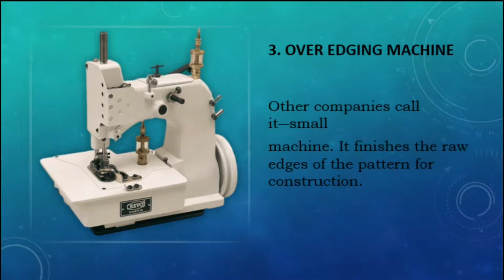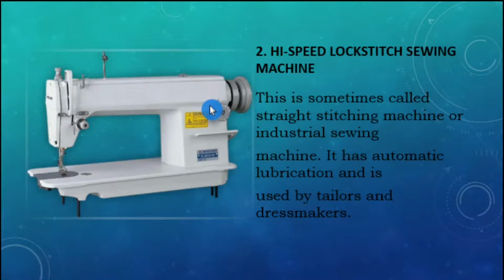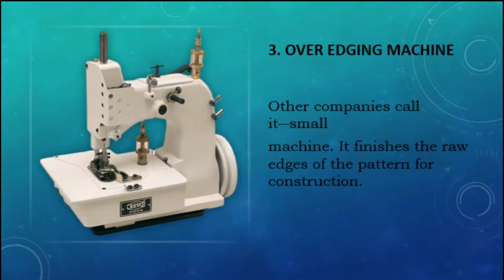Pag nakagawa na kayo ng pattern base dun sa body measurements, gagawin nyo na is tatahiin siya. So sa unang tahi niya, usually ginagamit si high-speed lock stitch sewing machine. Pero kung gusto natin siyang i-finishing ng mas maayos, ginagamit natin si over-edging. Ang ibig sabihin ni over-edging, by the word edge, pinakadulo. Tatahiin natin ng malinis yung dulo niya.